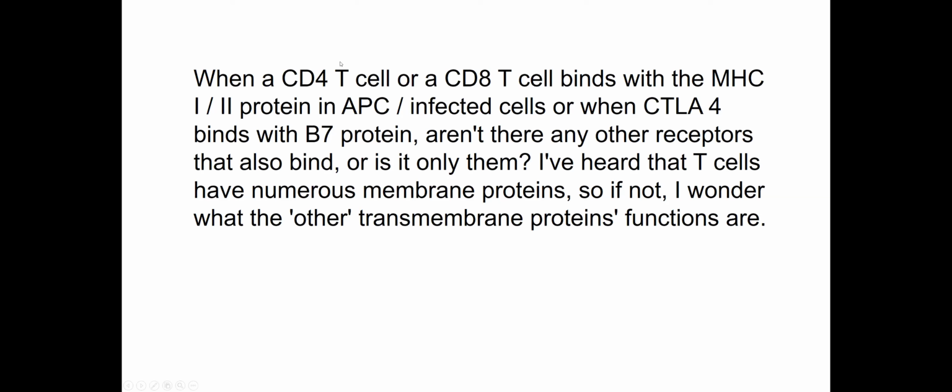CD4 is a helper cell. CD8 is a killer cell. They have partners, MHC 1 and 2. So this is 1, this is 2. And then there are proteins with given names like CTLA4 and B7, or PD1 or PD-L1.